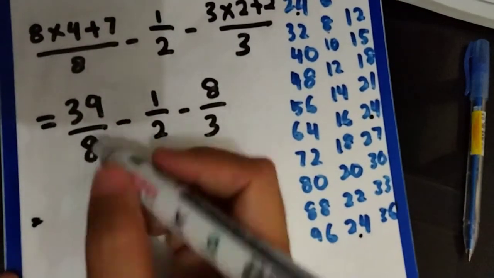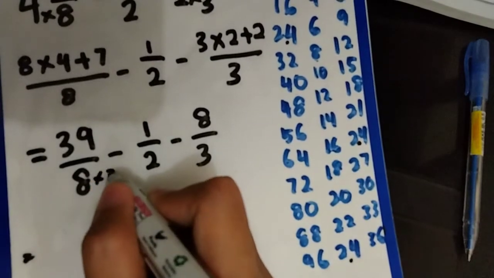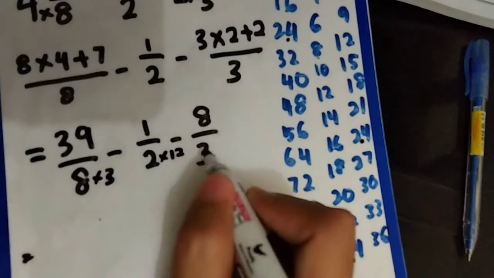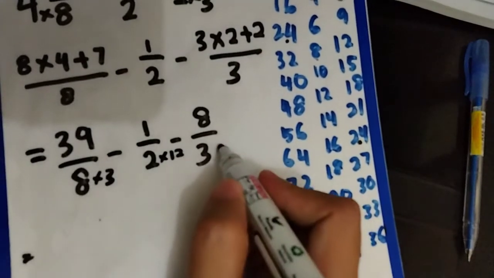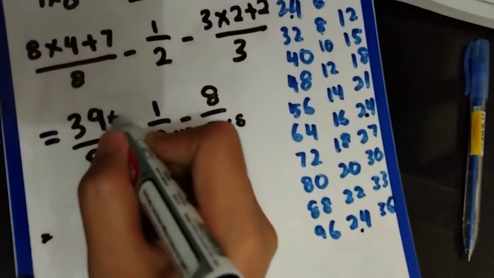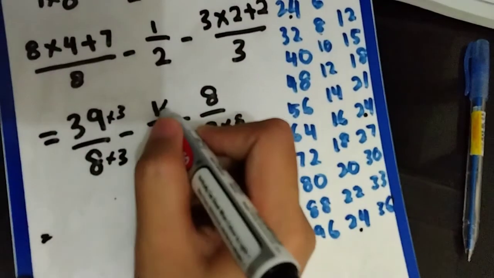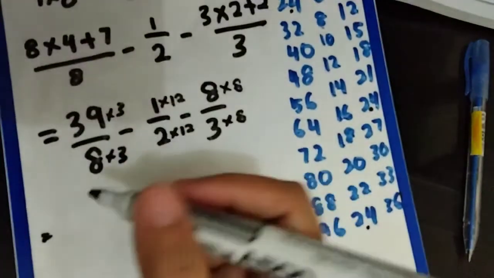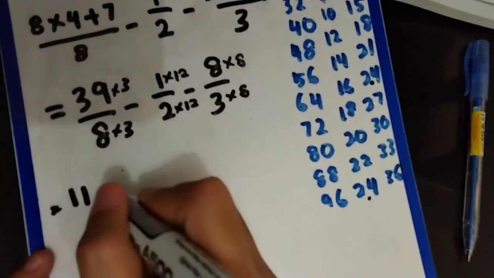So 8 times 3 is equal to 24. 2 times 12 is equal to 24. 3 times 8 is equal to 24. So when you multiply by 3 for the denominator, you have to multiply by 3 for the numerator. Must multiply with the same number.